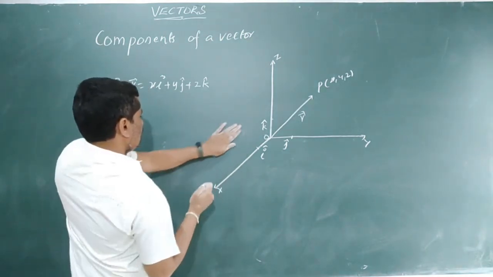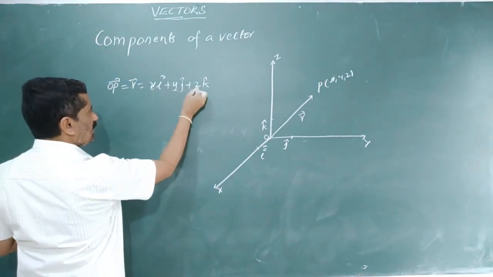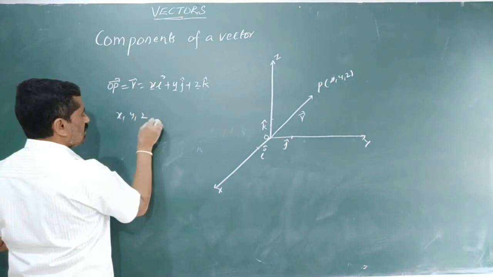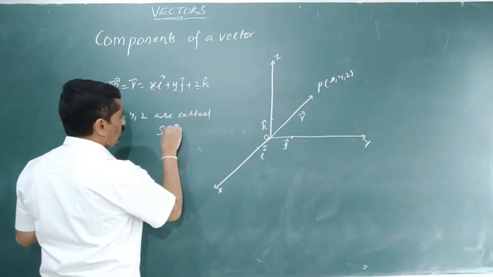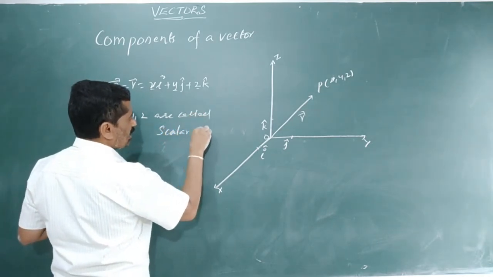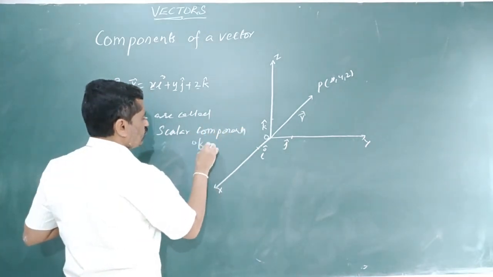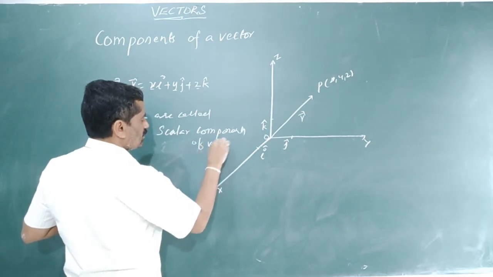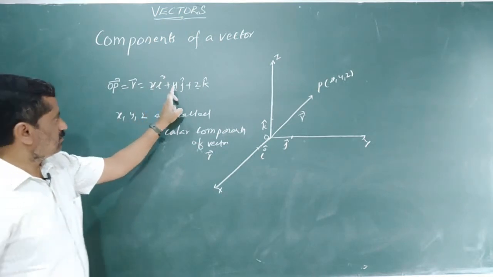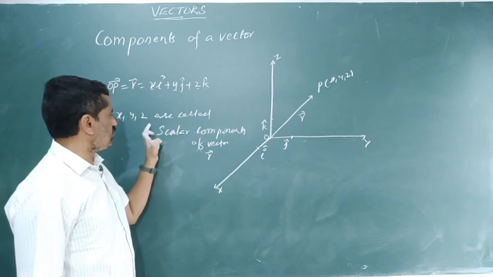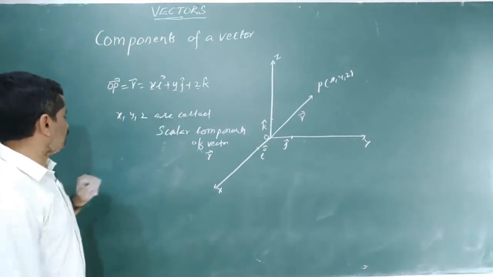Next, here x, y, z are called scalar components of the vector r bar. x, y, z are called as what? Scalar components of a given vector.